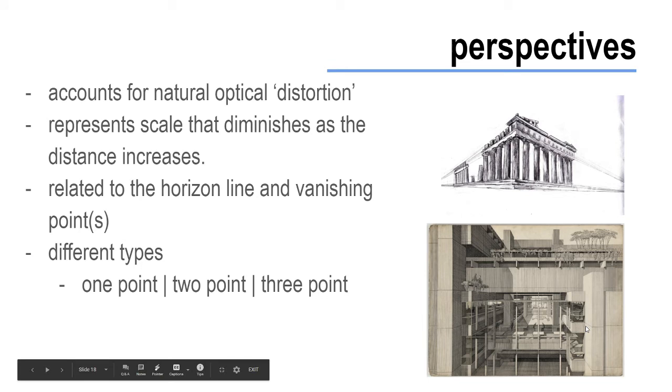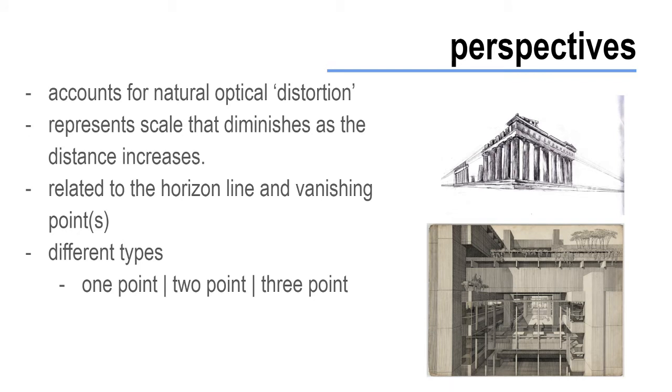A 1 point perspective only has a singular vanishing point, and it's typically in the middle of the drawing where all of your different points converge. So it's very typical for architectural style drawings, if it's a 1 point perspective, for that vanishing point to be directly in the center of the drawing.